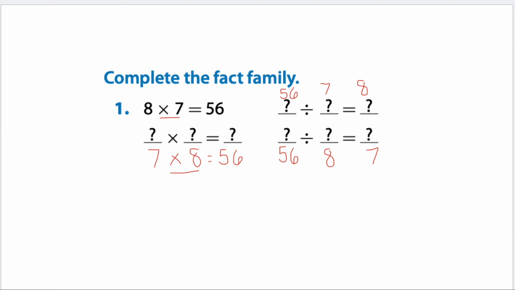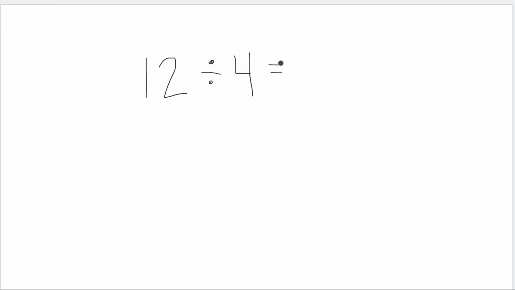So let's take a look at another problem. If we wanted to do 12 divided by 4, you could think to yourself, well, 4 times what equals 12? 4 times what equals 12?